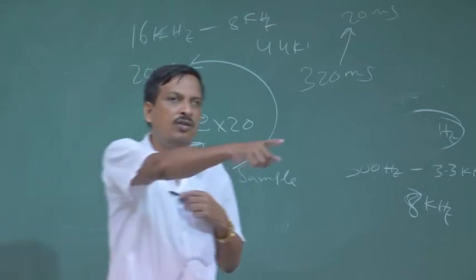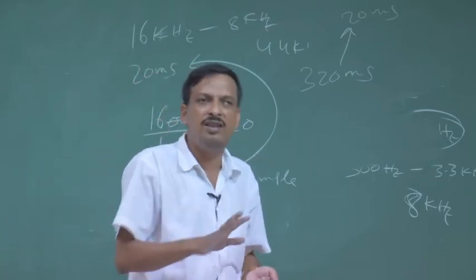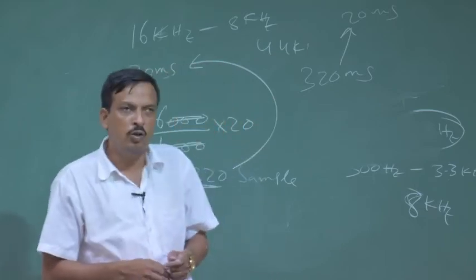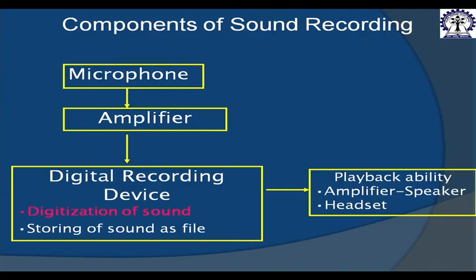This electrical signal goes to the sound card, the sound card digitizes the signal and records it. So, there is a microphone, then an amplifier if required. Sometimes the microphone is directly connected to a sound card which contains the amplifier, then a digital recording device which converts that analog signal to a digital signal. If I want playback, I require a speaker or headphones.